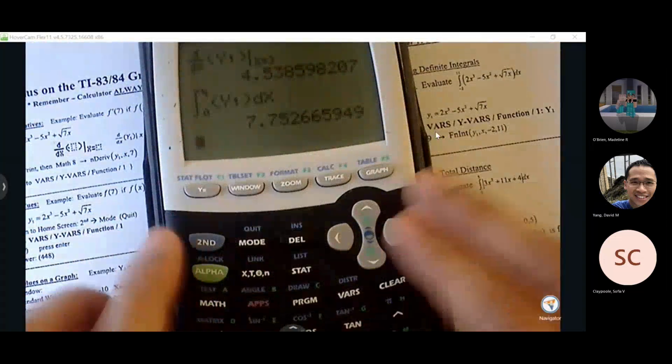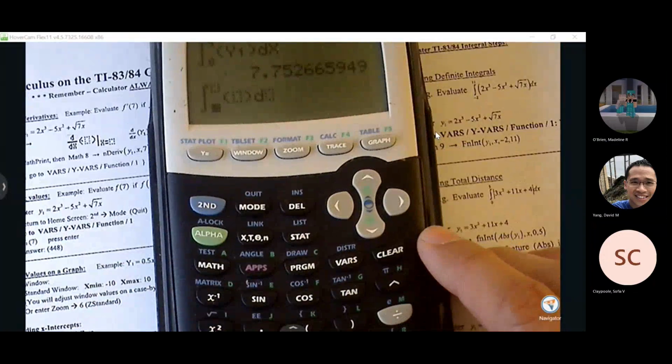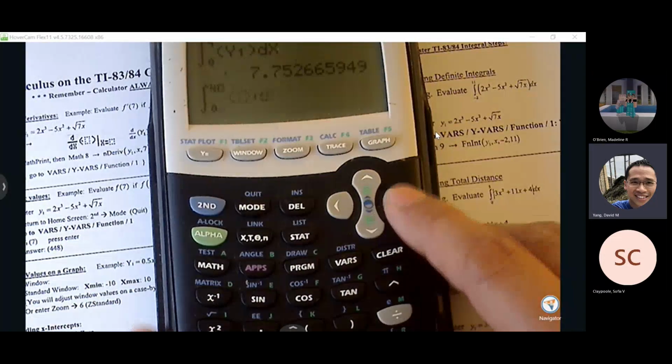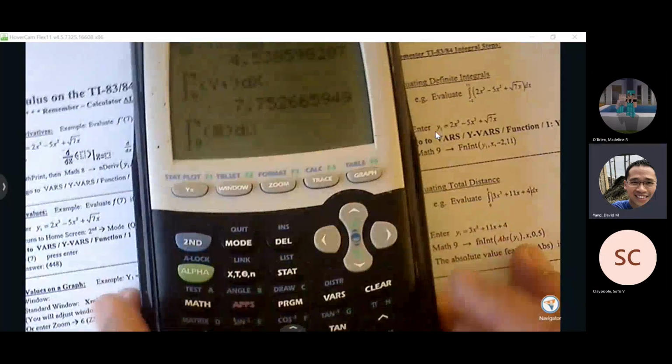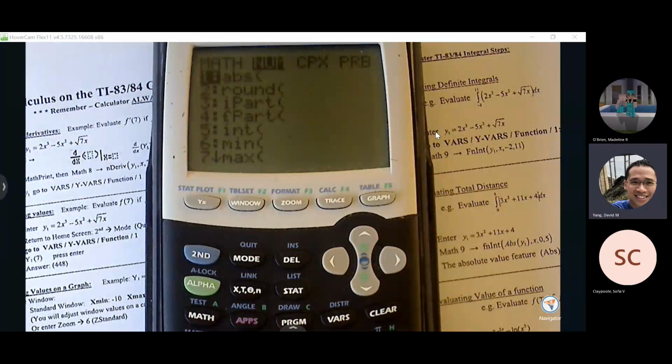Again, same keystrokes here, math 9 from 0 to 4. Now we got to go to the absolute value feature. So you go to math, scroll over to number, math num, and you'll see that ABS as your first option.